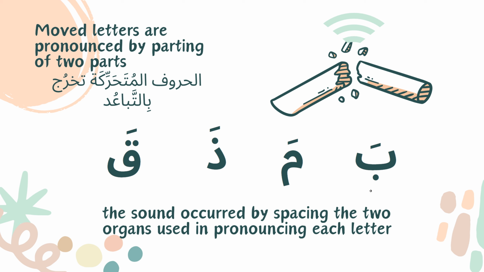Let's try the same letters here. Let's say the ba maftuha, mim with the fatha, dal with the fatha, qaf with the fatha. How do we pronounce the ba fatha? We already have the two parts collided. This is how we start, and then we open. Ba, ma, da, qa.